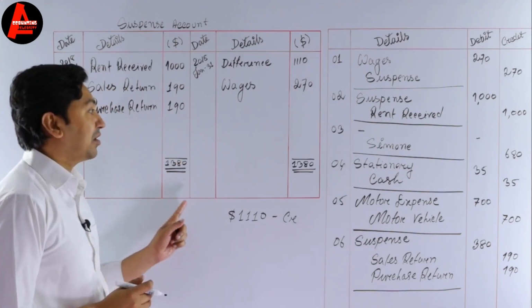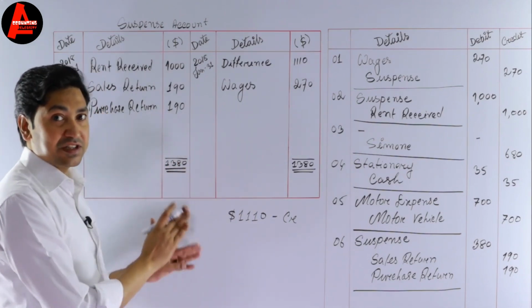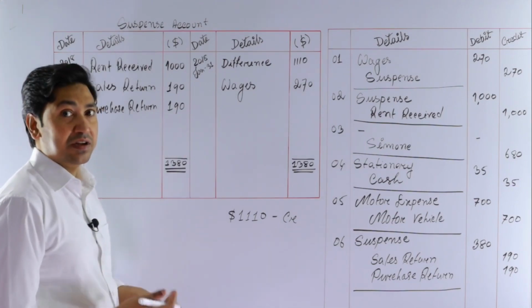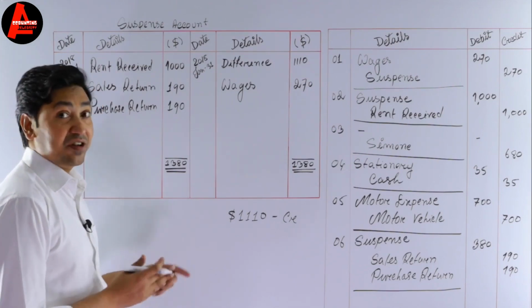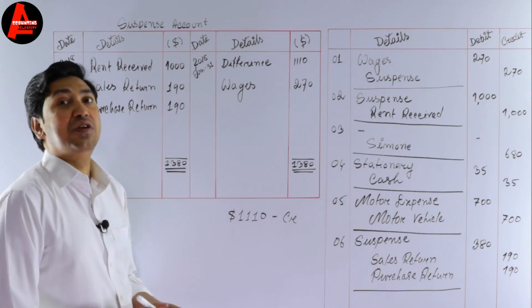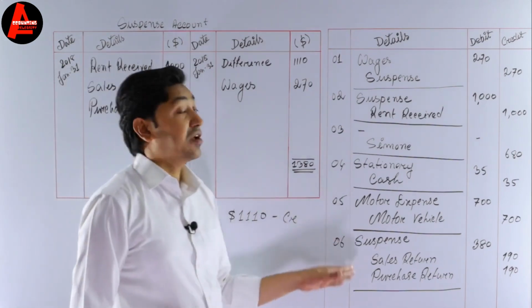So our debit amount and credit amount is same. There is no balance on the suspense account. If there is balance on the suspense account, it means that there is a mistake in the books of account. Here we got same amount, so there is no mistake, we corrected it. So this is how we have to prepare the suspense account from the correction of errors.